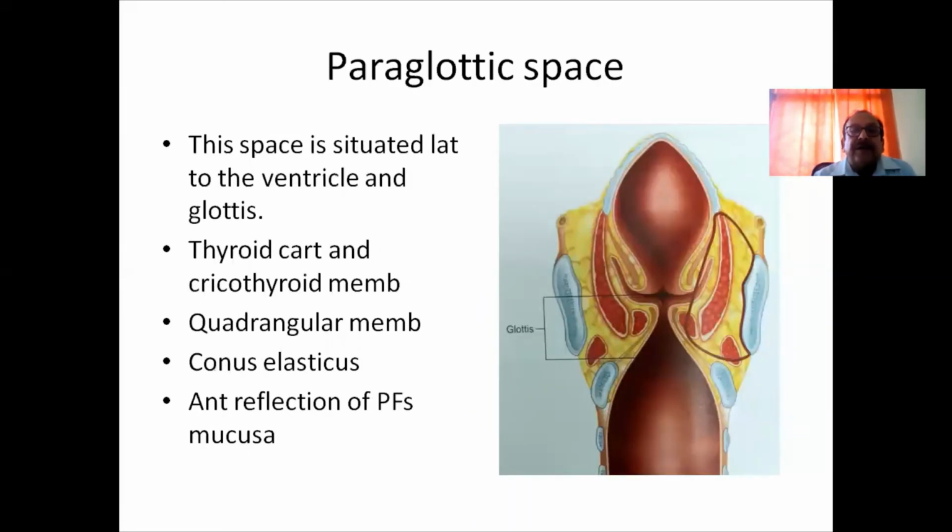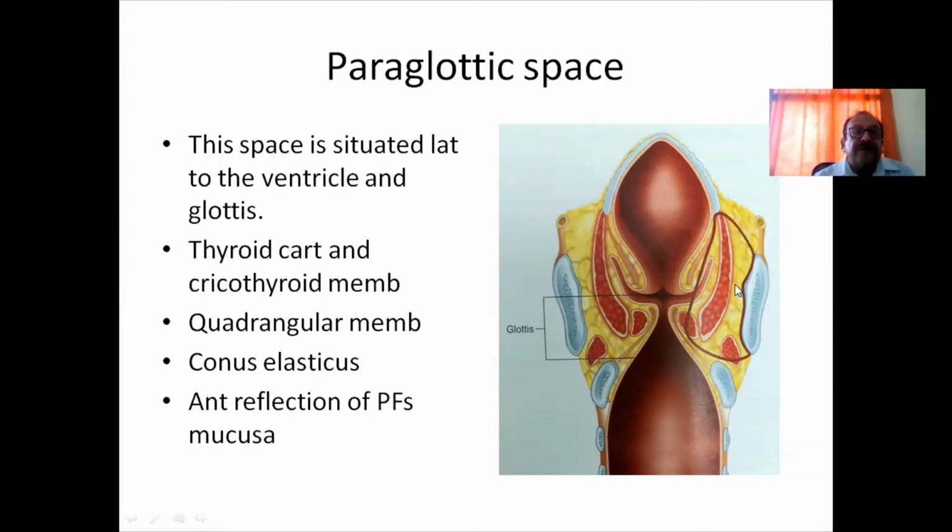In the paraglottic space, this space is situated lateral to the ventricle and the glottis. This is the ventricle and this is the glottis. So this space is paraglottic space.